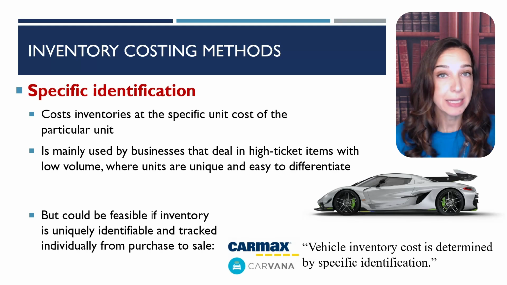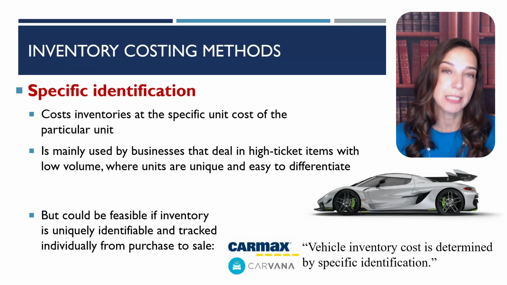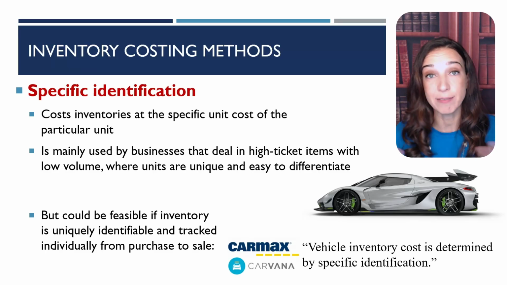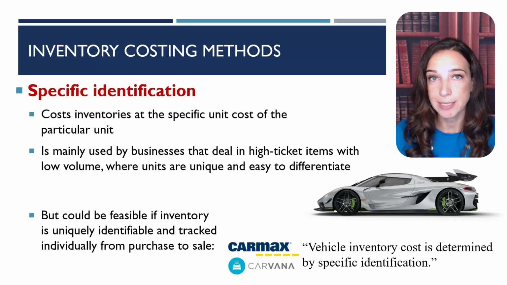But theoretically, this could be feasible for other types of items as well. You don't necessarily need to deal with just luxury items. As long as inventory is uniquely identifiable and tracked, even on a large volume basis, you could apply this methodology.